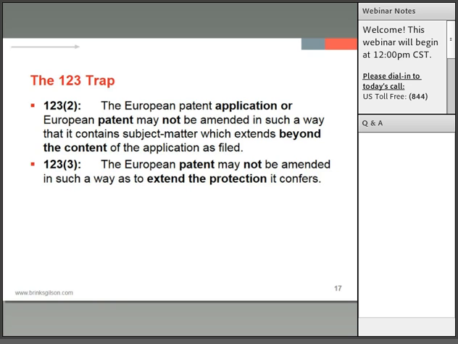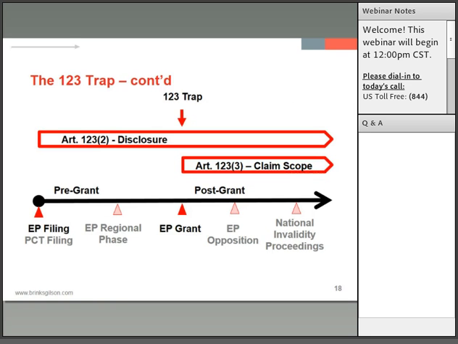So to show it in a timeline, we have Article 123.2 for the disclosure that starts at the time of filing. So here the European filing, because before that you may have a foreign priority application, but within the convention year, so within the first year prior to filing the European application, you can still add subject matter and you can amend your application.